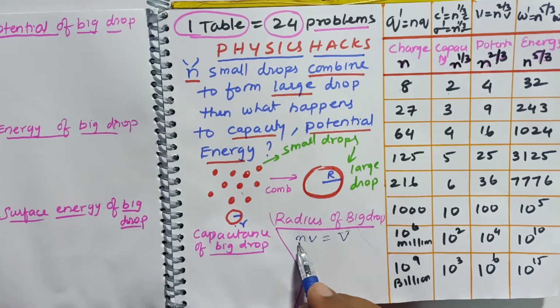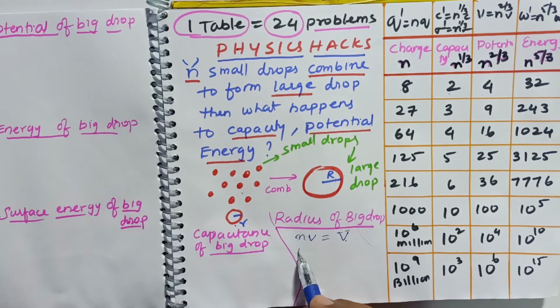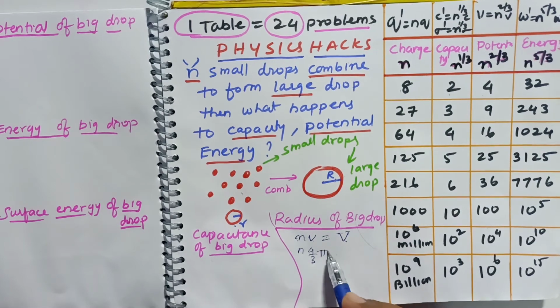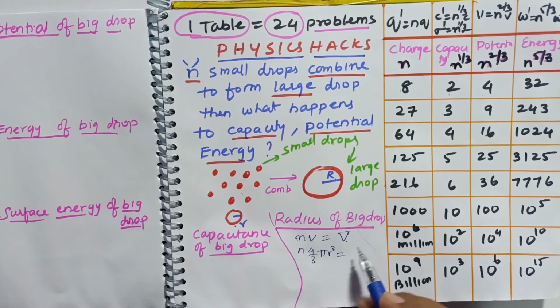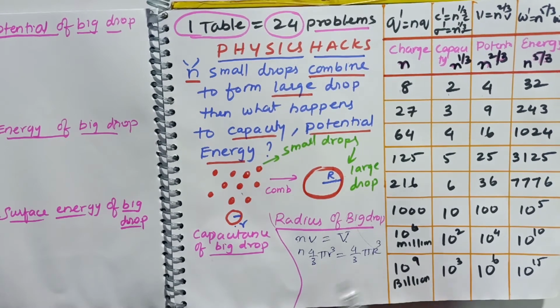So n times the volume of the smaller drop is equal to the volume of the larger drop. Volume is 4 by 3 pi small r cube, and the larger volume is 4 by 3 pi capital R cube.